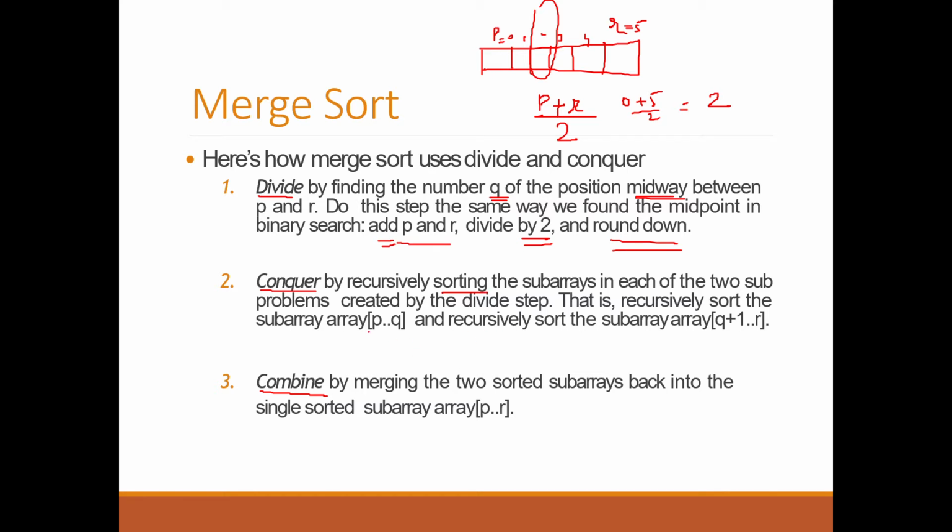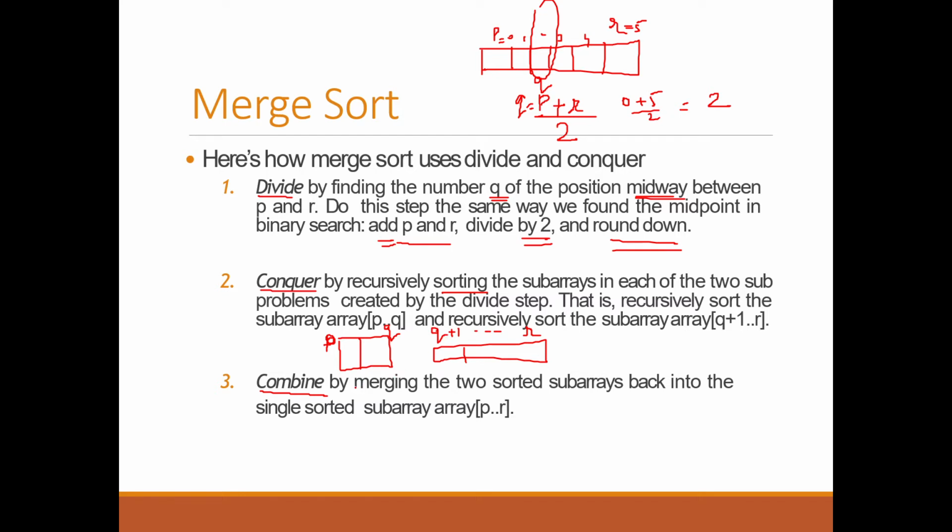The first sub array, as we are dividing it with a mid position called Q, goes from P to Q, and the next array goes from Q plus 1 till R. Since the entire array goes from P to R, it is P to Q and then Q plus 1 to the last element. For all these arrays, we recursively apply the sorting algorithm and sort.